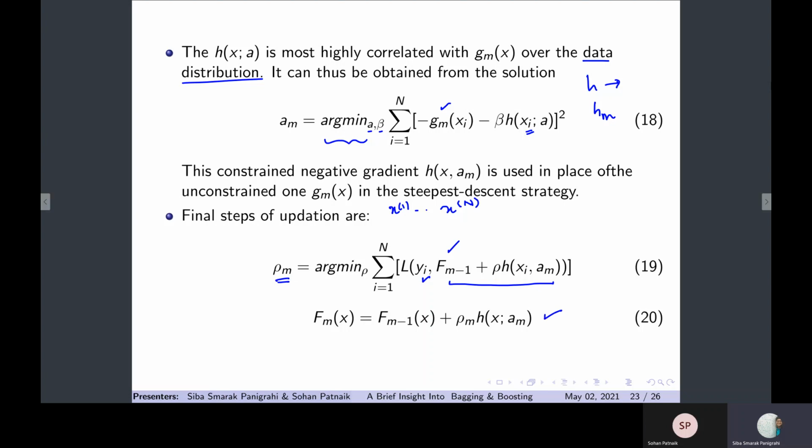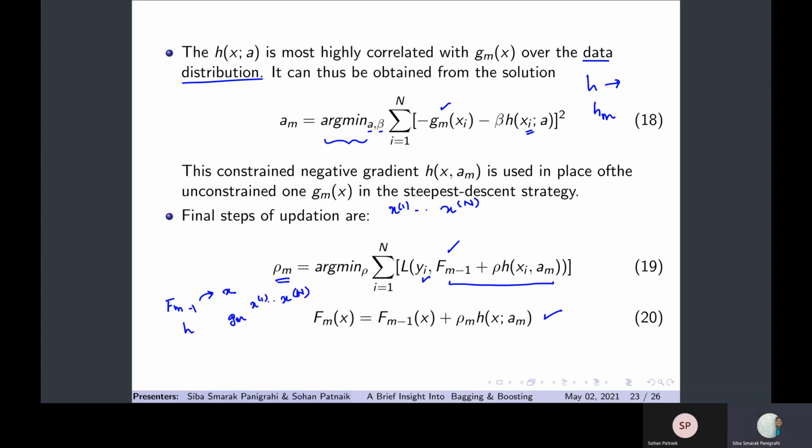So the steps are: currently we have f m minus 1. Because this is defined over all the x values, we have to find an estimator h which should be parallel to g m at the points x1 till xn.